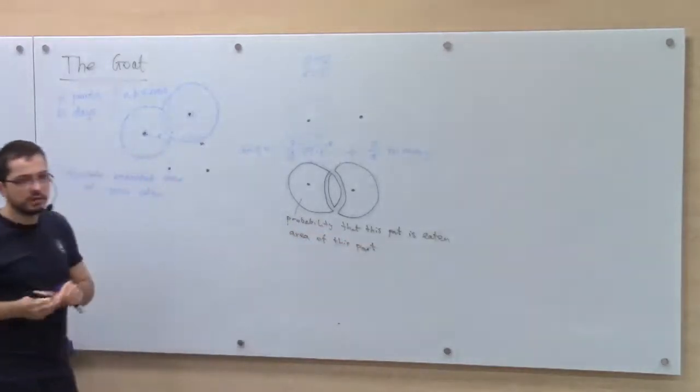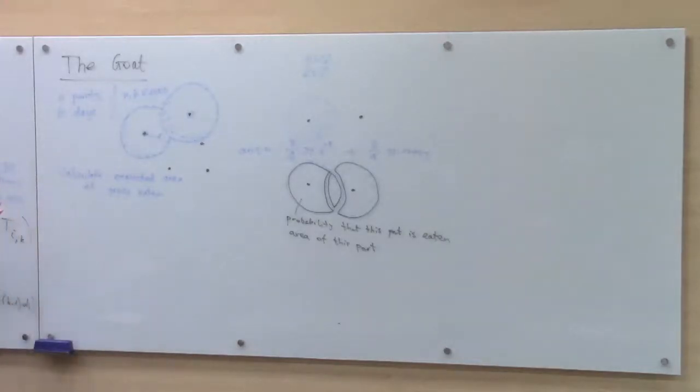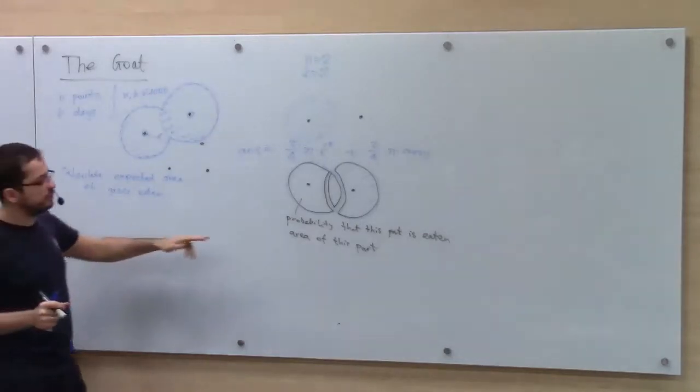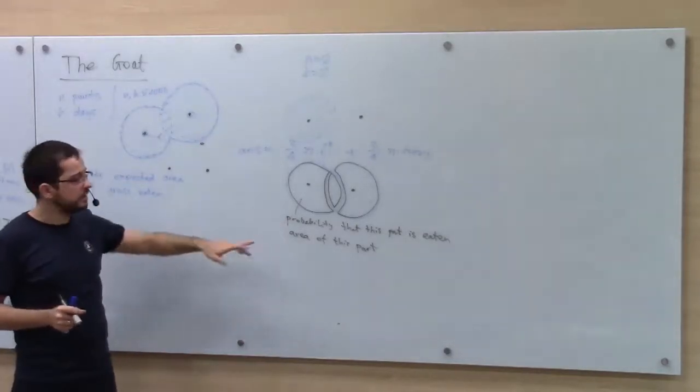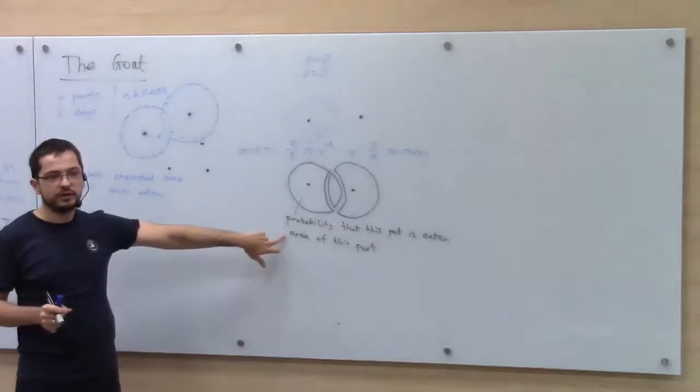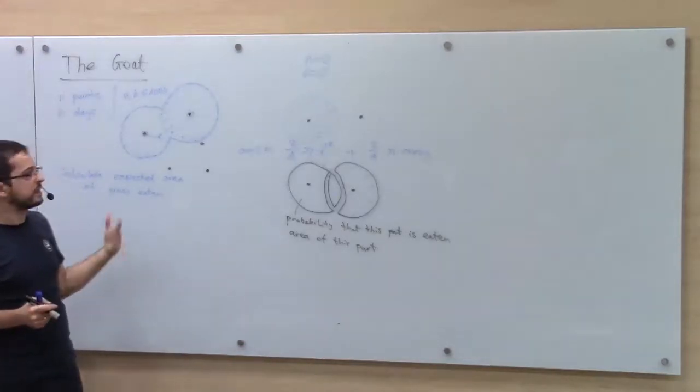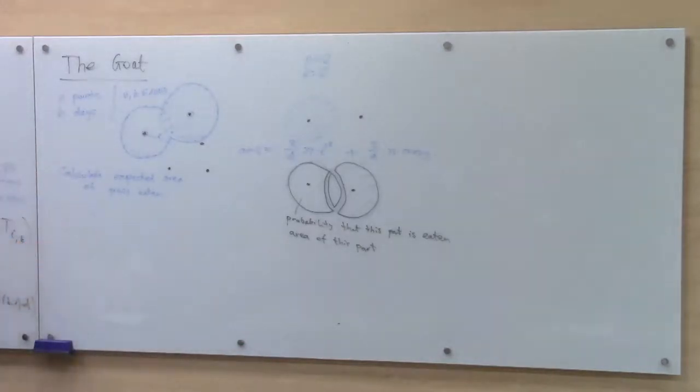Okay, so if we partition our plane into several parts, and for every part we know the probability that it was eaten, and for every part we know the area, what will be the expected value of the area which is eaten?